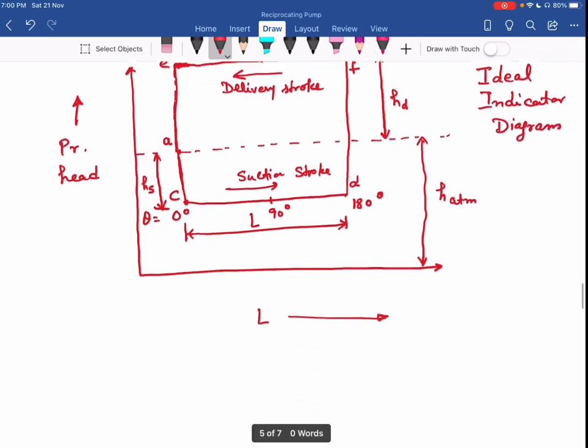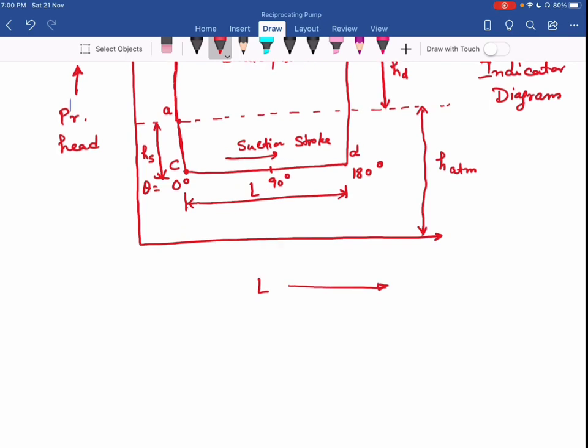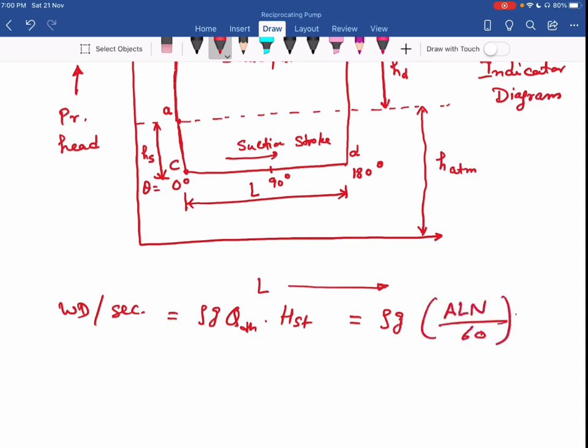Okay, now you can see the work done by the pump per second. WQH, or I can write as rho g Q times H, or this I can write as rho g ALN divided by 60 into HS plus HD. So this I can write as rho g AN divided by 60, then into L into HS plus HD.